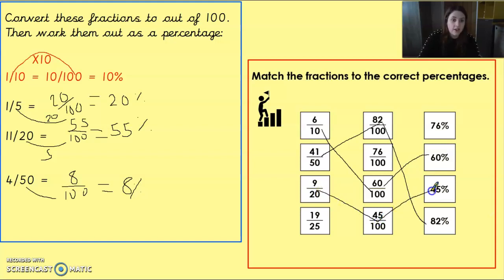Yep, 45 over 100. My brain was a bit slow then. And so that means 19/25 must be 76 100ths to 76%. So give yourself a tick if you got those ones right.